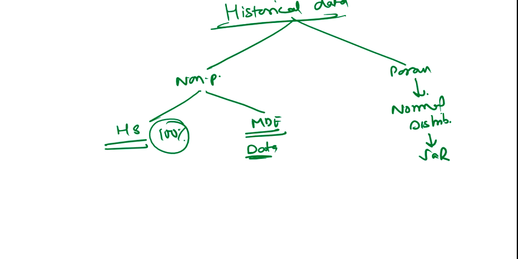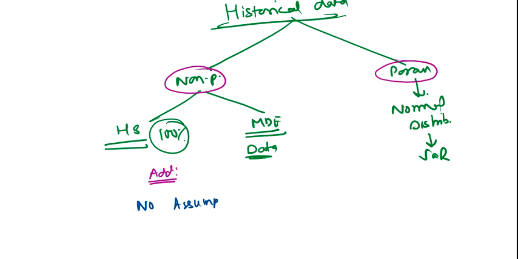Now we will study the advantages and disadvantages of parametric and non-parametric methods. So the first advantage for the non-parametric method is that there is no assumption about distribution, because the non-parametric method does not need any kind of distribution.